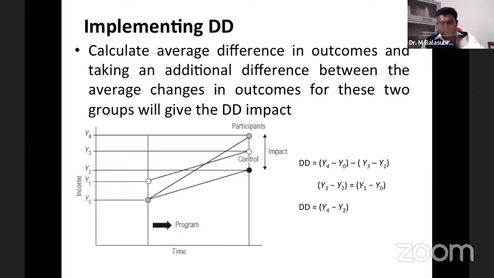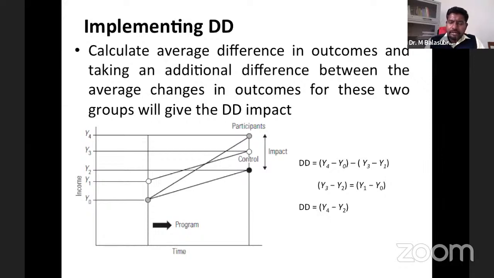Then the next level will be the difference between whatever values come now, that difference gives our DD, the double difference. That is taking an additional difference between the average changes in the outcomes for these two groups, which gives our final figure.